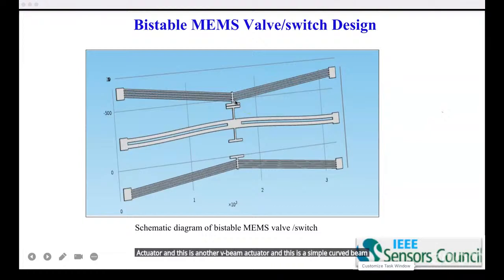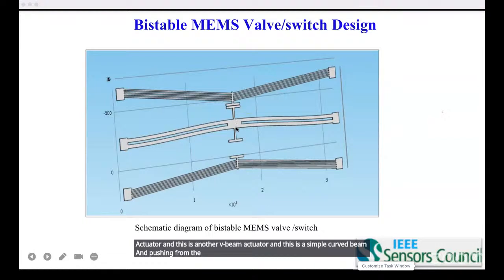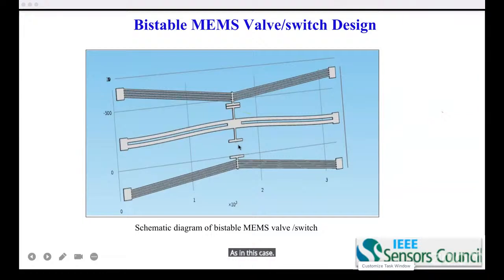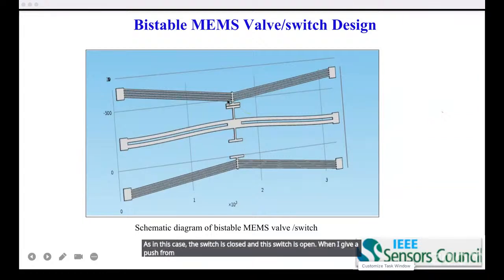Pushing from the top will move the curved beam to stable state 2, and it will close this switch. In this case, this switch is closed and this switch is open. When I push from here, this switch will be closed and this one open. So it can act as a dual switch, for example in drug delivery applications.